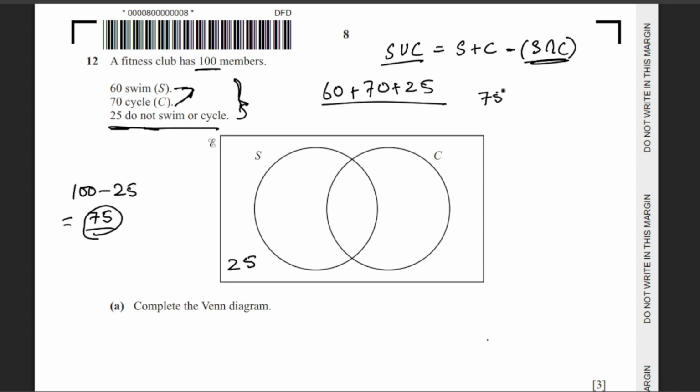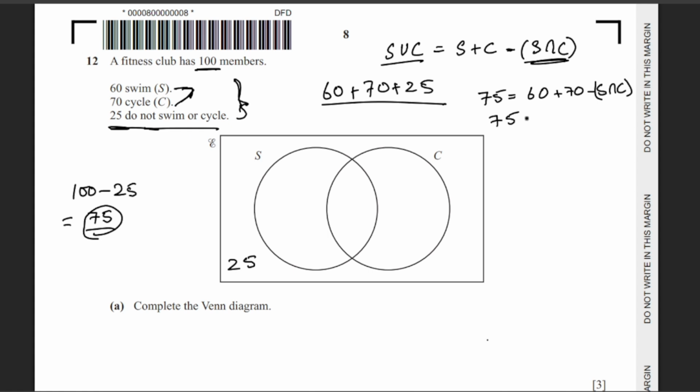So 75 equals S, which is 60 because 60 people swim, plus cycling, which is 70, minus S intersection C. What is 60 plus 70? That is 130.